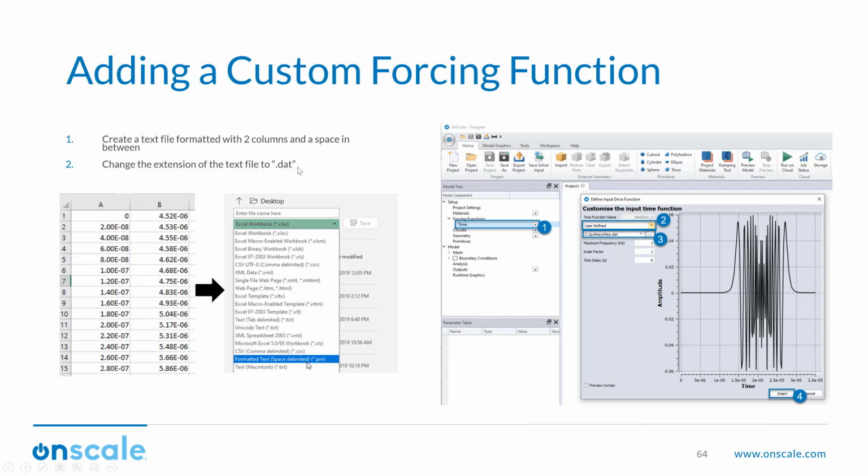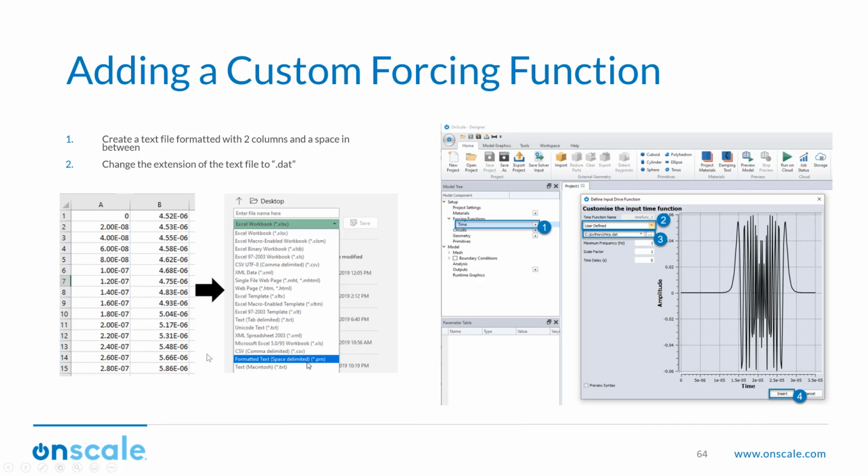And the way this should be formatted in the text file is simply two columns with a space in between. If you have a text file with two columns and a space in between with those numbers in it, that will work as well. You just have to change the extension and you can import it in the designer mode.